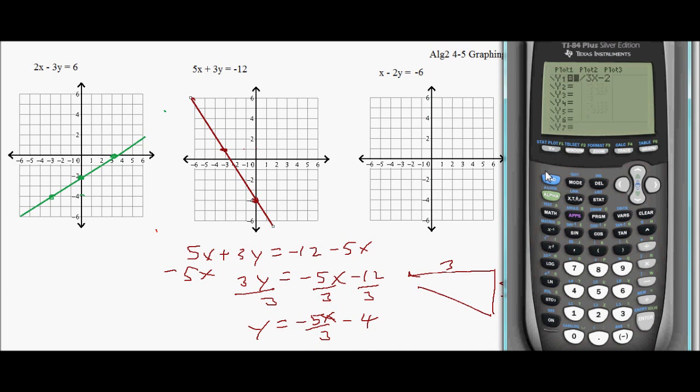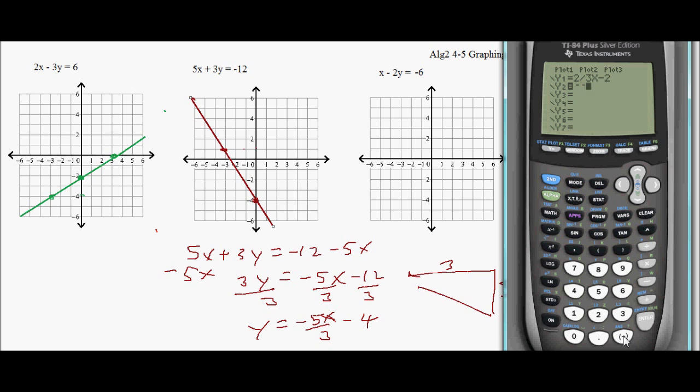So I'm going to go up here. Another thing you can do is just hit enter. If I unhighlight that and bring this one down, then cursor over, this one will be highlighted. I have to hit the negative. Don't hit the subtract.